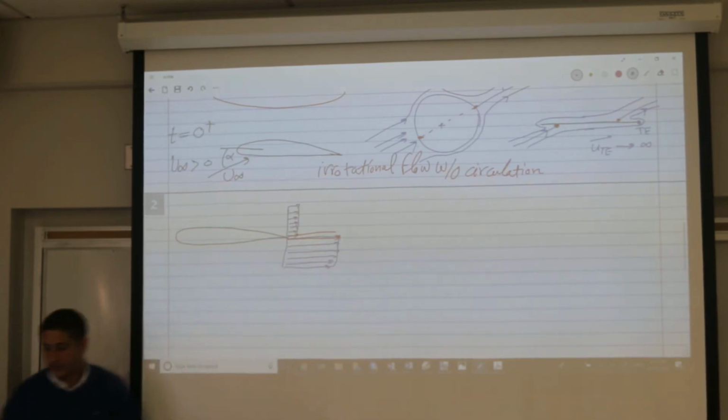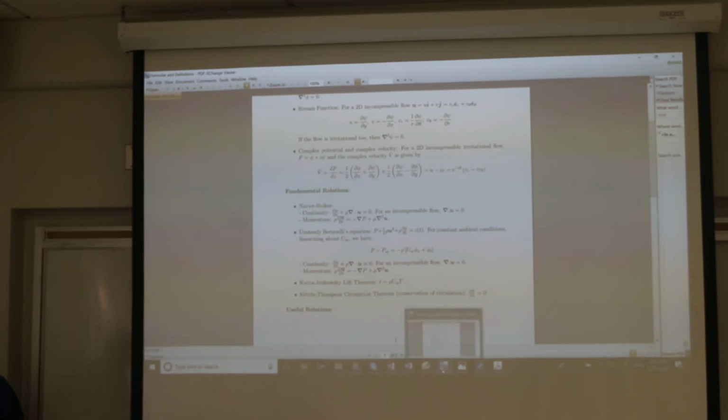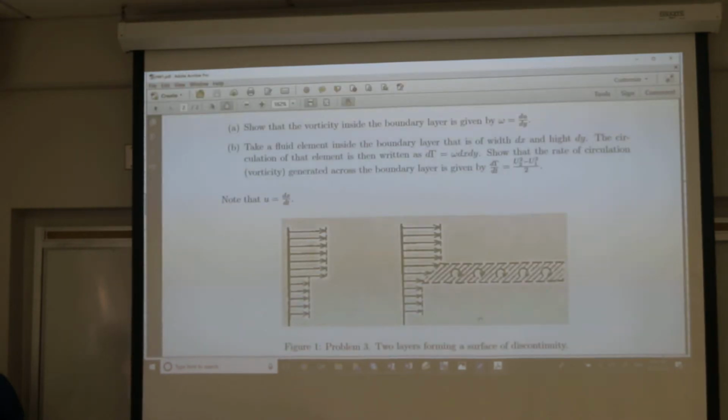This is exactly the picture that we had. This is the homework problem, right? Two layers with a discontinuity in the velocity. So what happened? Vorticity will generate because of this discontinuity. And you actually derived an expression for how much vorticity is generated, right?